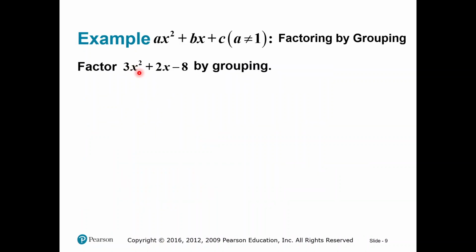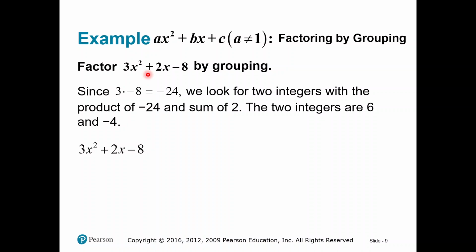So factor 3x squared plus 2x minus 8 by grouping. First, a is 3, b is 2, c is negative 8. So step 1, a times c, which is 3 times negative 8, negative 24.